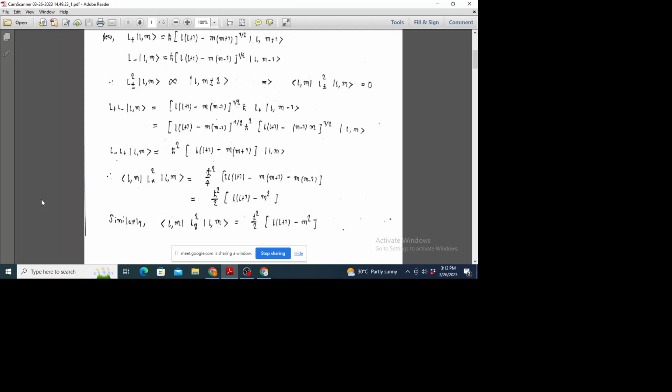But here we see that the expectation values of Lx square and Ly square in the Lz basis state are non-zero. So that means there is a non-zero delta Lx and non-zero delta Ly.